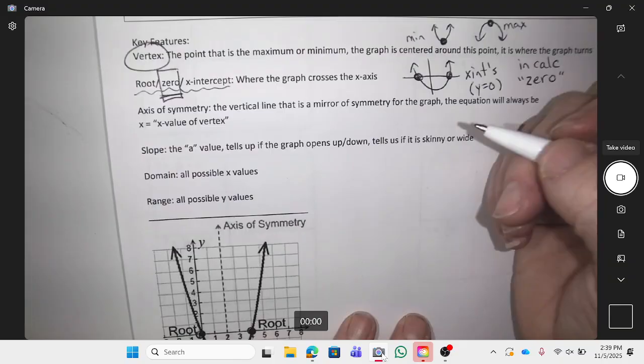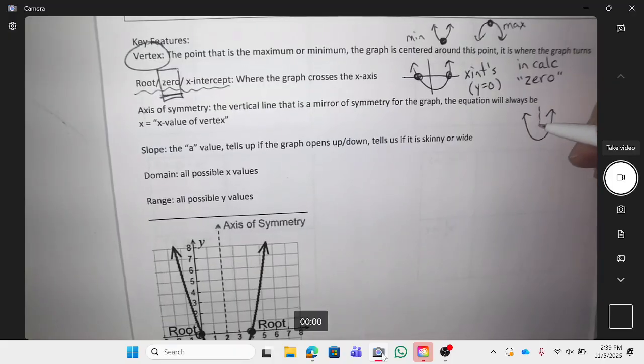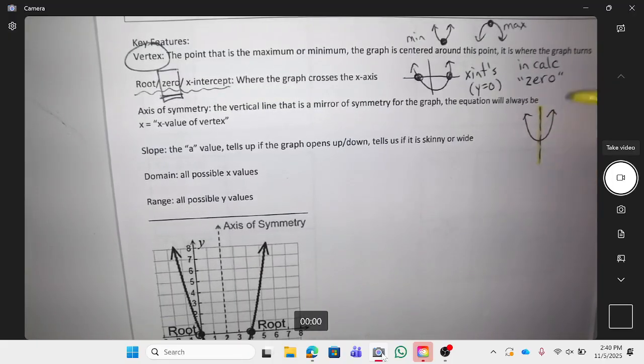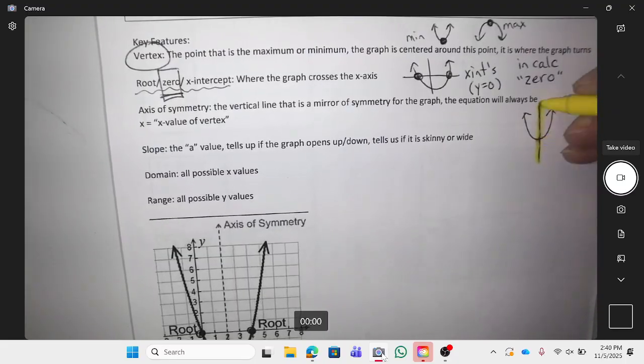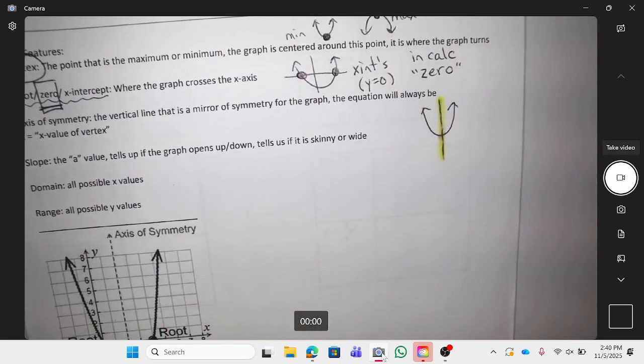Okay, so the next up is called the axis of symmetry. So you can kind of see this on my graph. An axis of symmetry is if you could just cut this thing right in the middle, right? Symmetry. This side could fold like a sandwich, right?